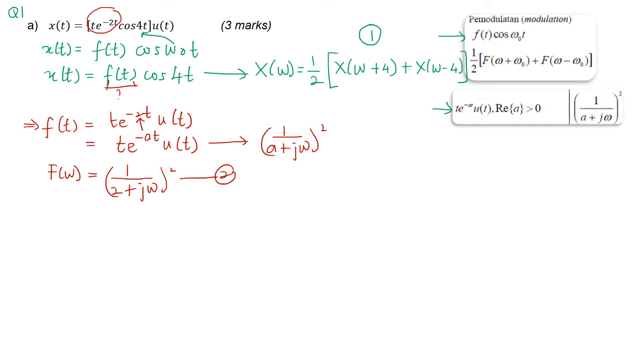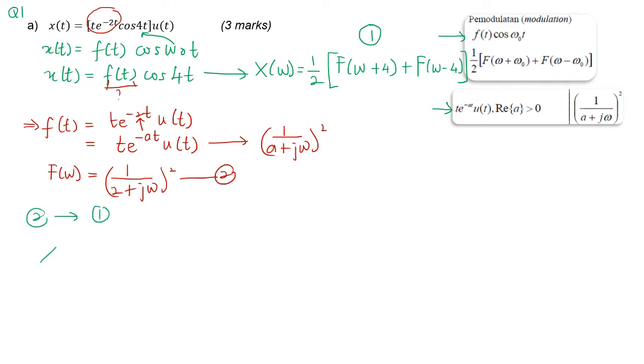So now to solve the equation, the main equation is x(t), so you'll get X(omega). So you need to replace equation 2 into 1. Also in this case, it's supposed to be F. Okay, X(omega) equal to 1 over 2 times F(omega plus 4) plus F(omega minus 4).